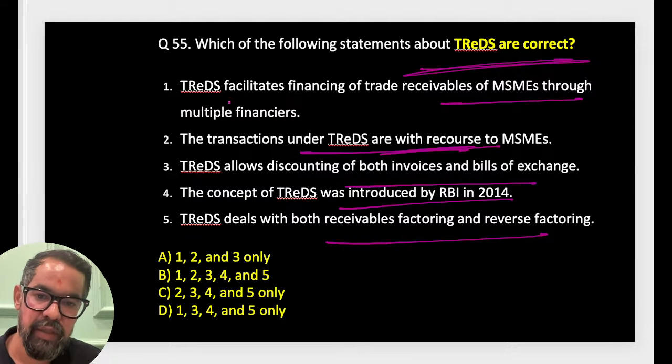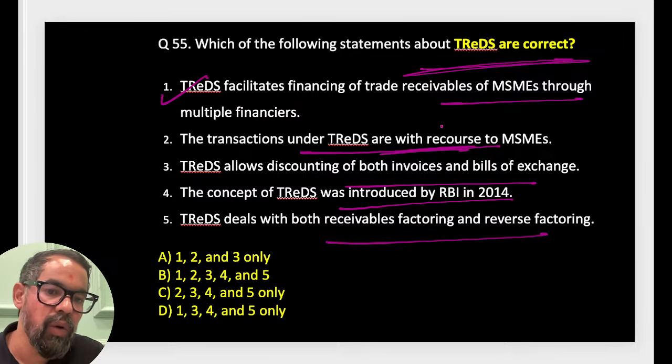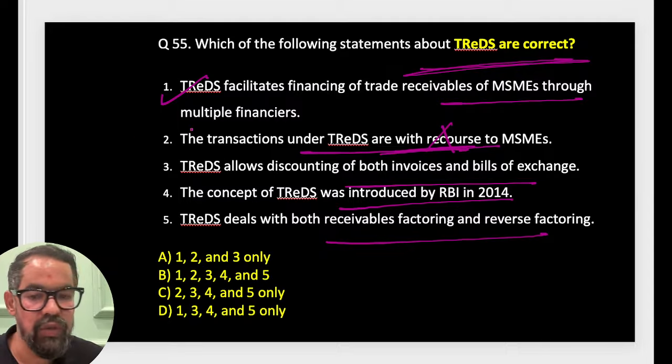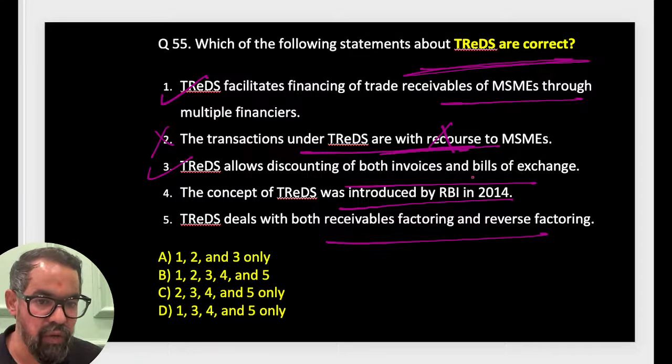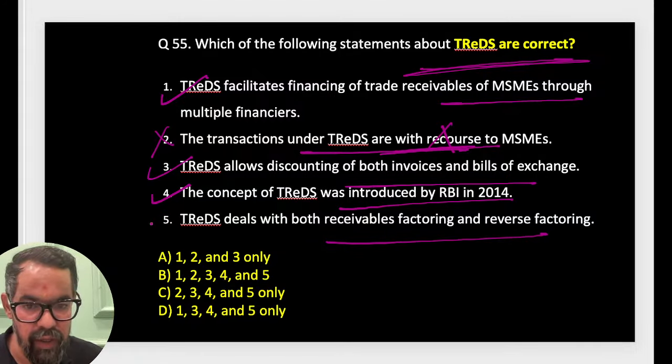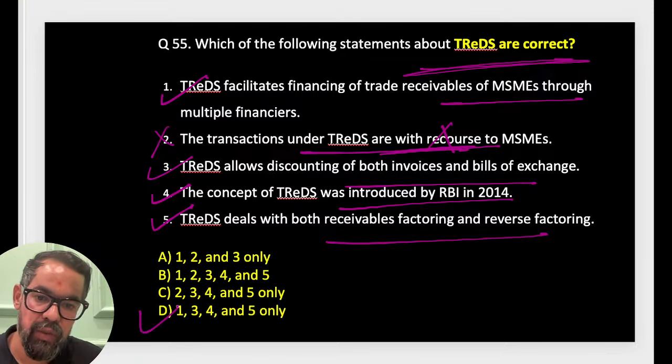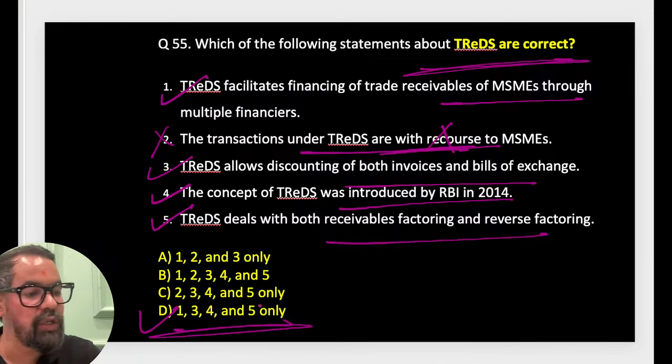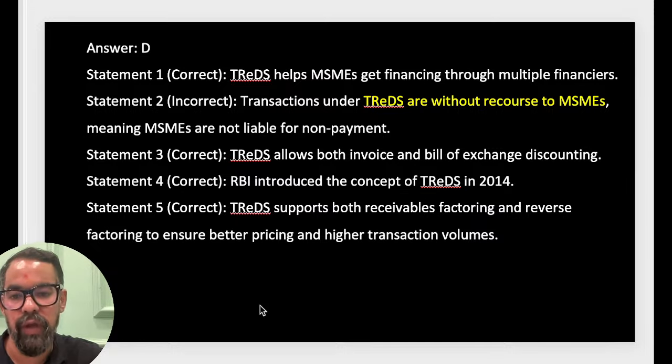Yes, Anita ma'am is correct here. So TReDS, for MSMEs, it is without recourse. Discounting both invoices and bills. The concept was introduced by RBI in 2014 and this is also correct. So 1, 3, 4, 5, option D should be the right answer for this particular question. Very good guys. Next one.